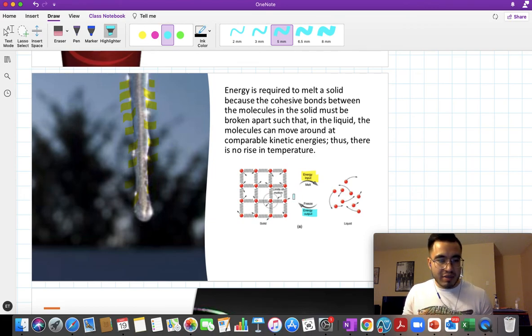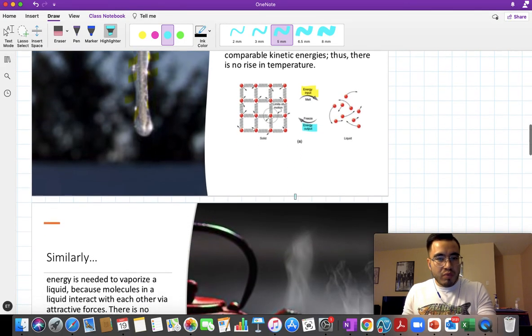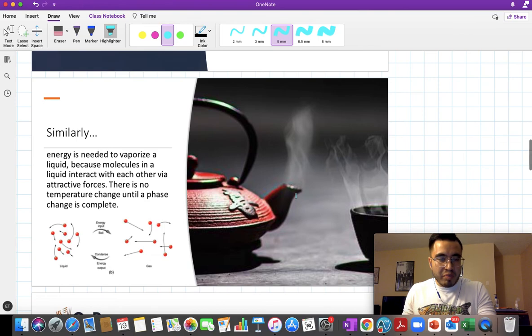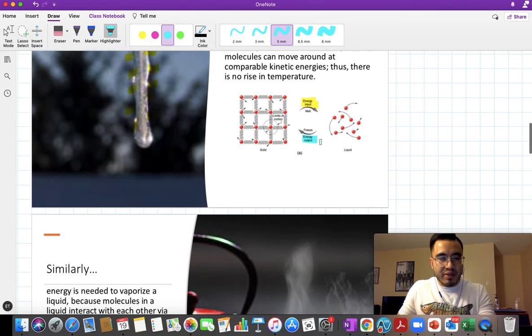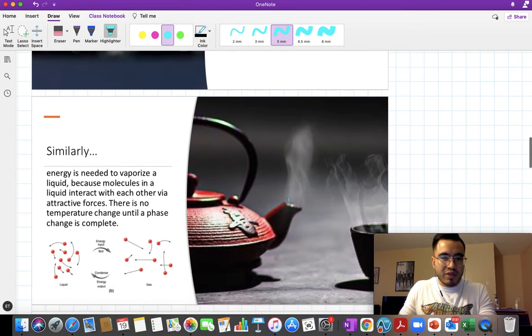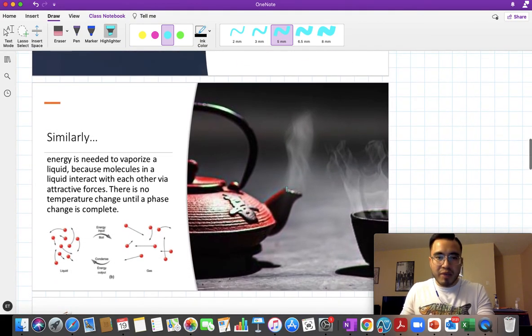What about gas? We're going to focus on those three phases or states of matter. Well, if we want to make water vapor, then we also need energy. So again, I'm going to read and explain a bit more. Oh, and I skipped this part: no rise in temperature. I can do the same over here, meaning when I explain it, it will apply for both situations. It says, similarly, energy is needed to vaporize a liquid because molecules in a liquid interact with each other via attractive forces.